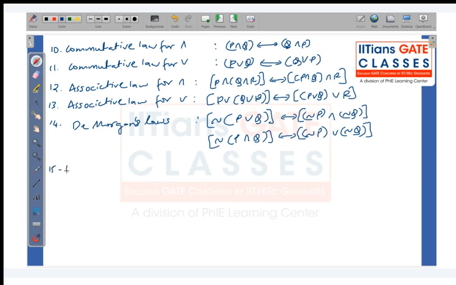Next comes distributivity. What should I write for this? Now follow formal notation for a moment. What is distributive law?